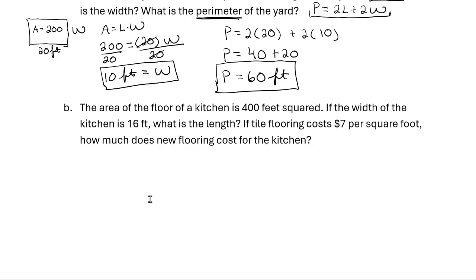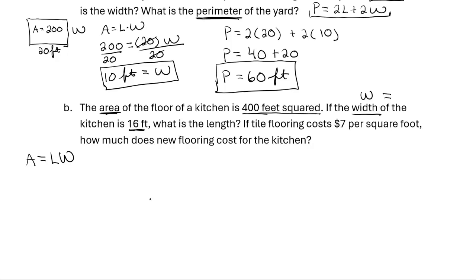So, okay, we have the area of the floor of a kitchen is 400 feet squared. So I have area and 400 feet squared. Okay, so I know that the area of a rectangle or a square is A equals length times width. If the width of the kitchen is 16 feet, okay, so width equals 16.